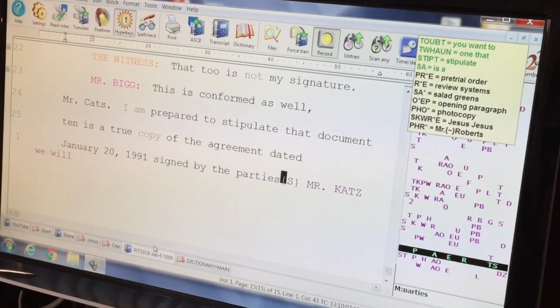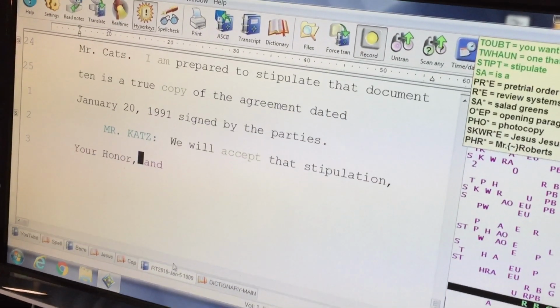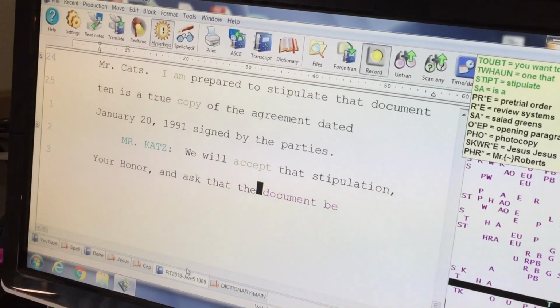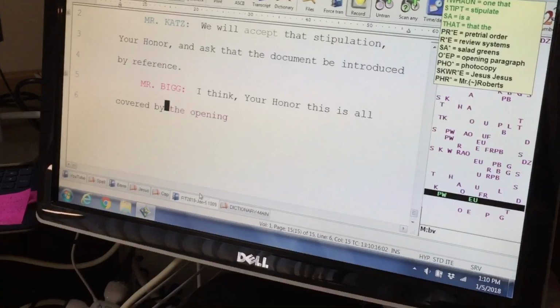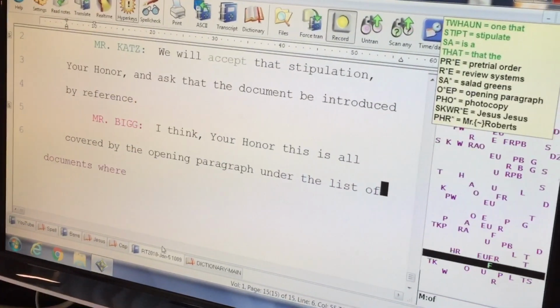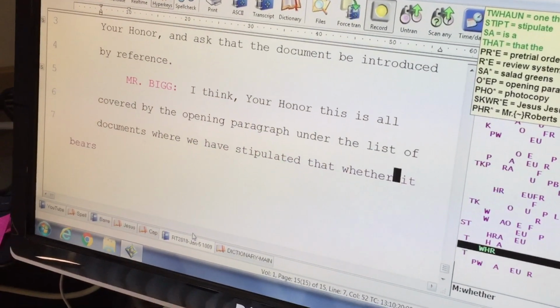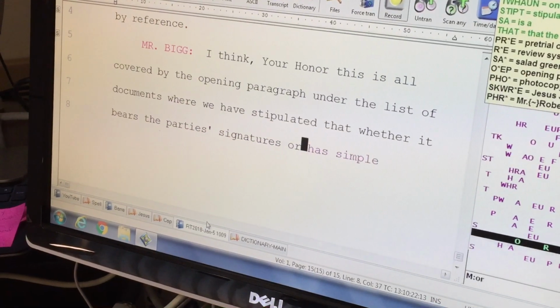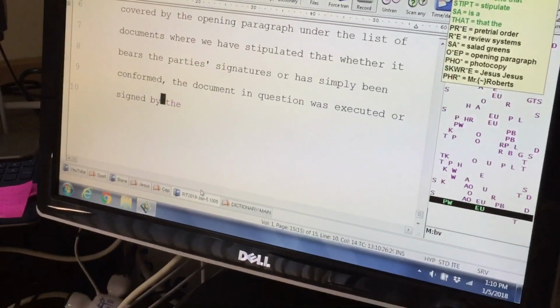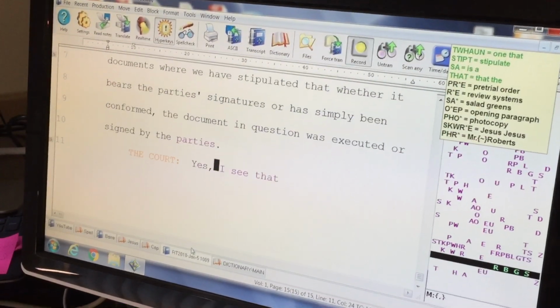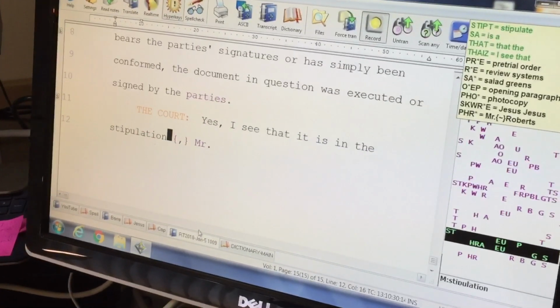We will accept that stipulation, Your Honor, and ask that the document be introduced by reference. I think, Your Honor, this is all covered by the opening paragraph under the list of documents where we have stipulated that whether it bears the parties' signatures or has simply been conformed, the document in question was executed or signed by the parties. Yes, I see that it is in the stipulation, Mr. Katz. Yes. The only objection being reserved is as to materiality.